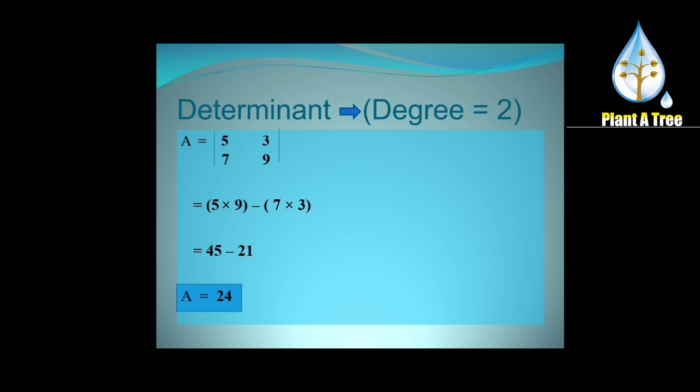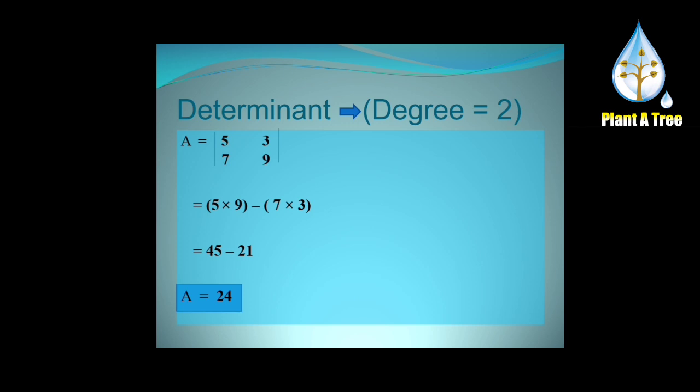Degree 2 means there are 2 by 2 elements, that means there are 4 elements. Now when we read this determinant, I prefer reading it vertically, not horizontally, and the reason will be explained later. So the determinant A is equal to 5, 7, 3 and 9.